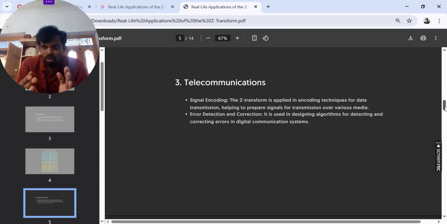Finding how many error bits are present in the information is error detection, and how we change them is error correction. After correcting the errors, we will get the original information transmitted by the transmitter.